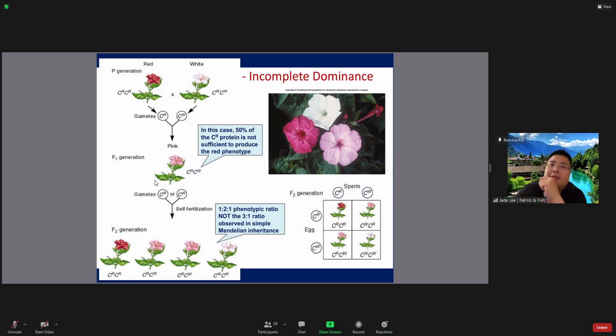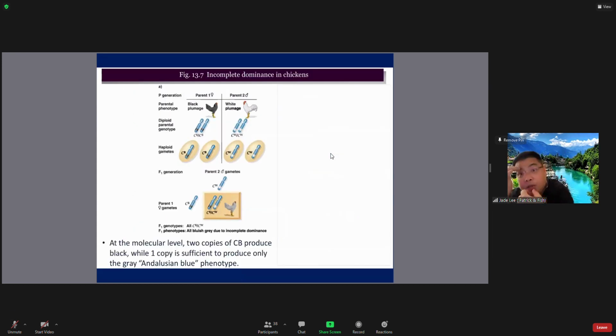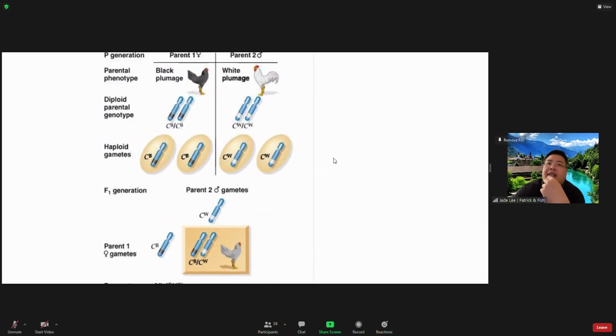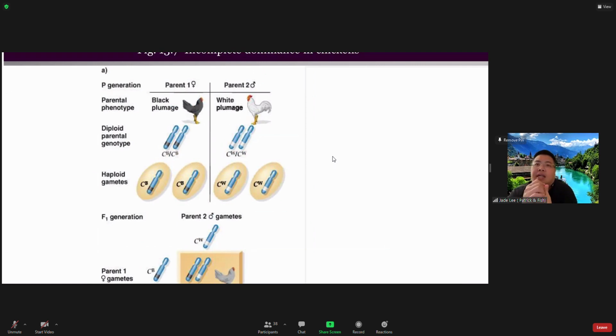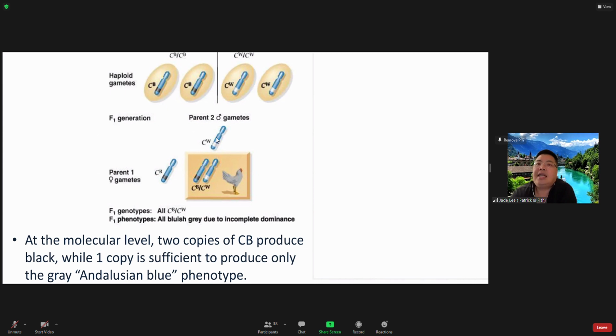Okay. Begitu juga dengan yang berlaku dengan chicken. Kalau kita tengok chicken ni, kalau kita gunakan yang parent phenotype the black plumage dengan the white plumage ni. Kalau kita tengok the diploid parental genotype untuk the black plumage, kita gunakan B besar, dan white plumage guna B ke W. Dan kalau kita cross dia, the first generation semuanya adalah warna bluish grey.